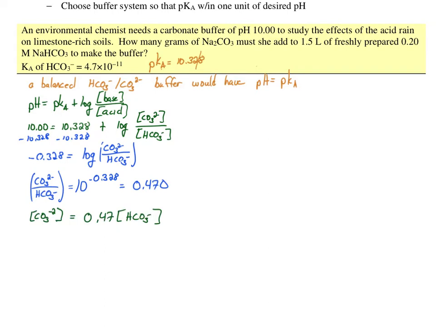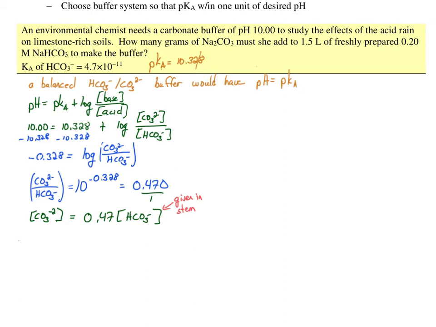In this next step, we've calculated the amount of the carbonate ion needed to achieve the appropriate ratio. So we have our carbonate ion multiplied by 1 is going to be equal to our bicarbonate ion multiplied by 0.47. This bicarbonate ion concentration is given in the question stem, or the statement of the question.